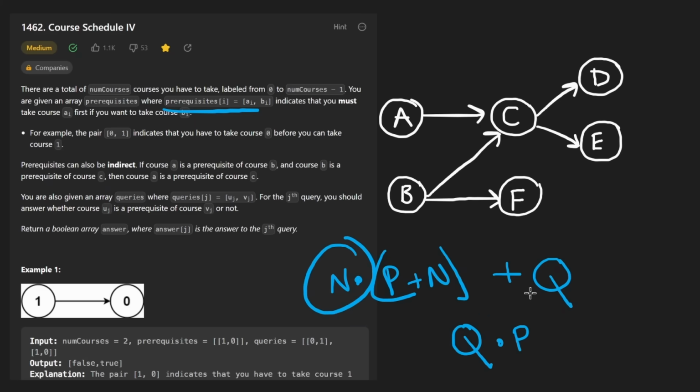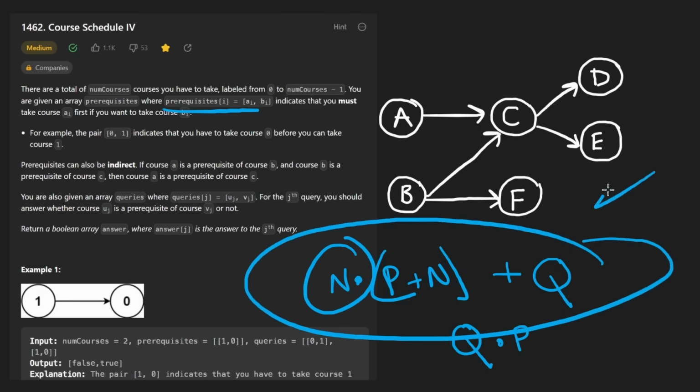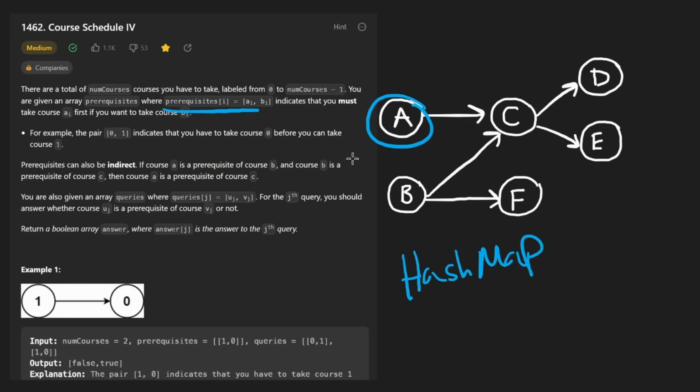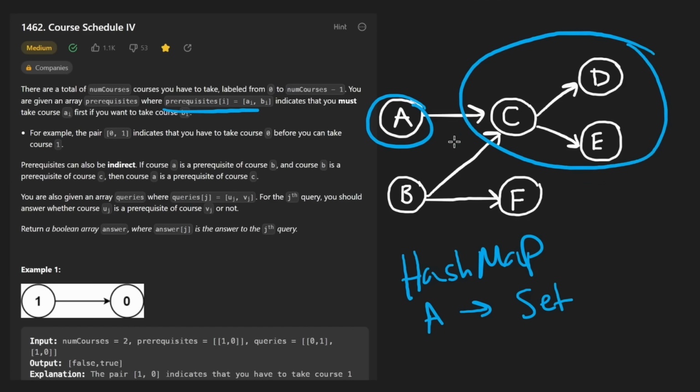But now let's actually get the solution that will have this time complexity. It's not super crazy, actually. It's very similar to the previous one. So let's say we started our DFS at A. Then what we would do is try to build a hash map such that the hash map will map every single node, for example, A, to a list, or in our case, a hash set of all the indirect prerequisites of A. And we're going to do this for every single node.